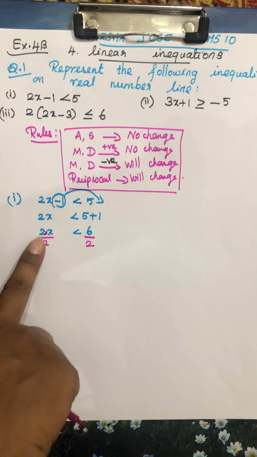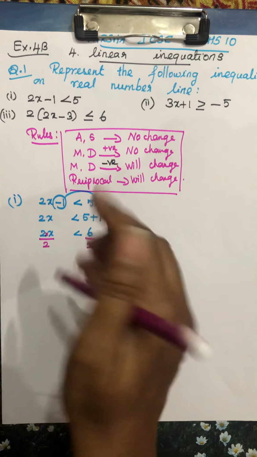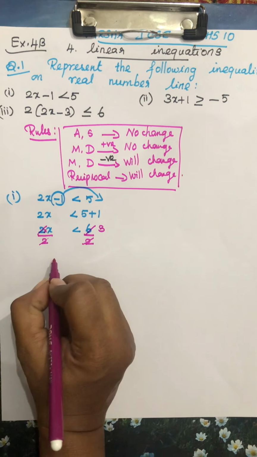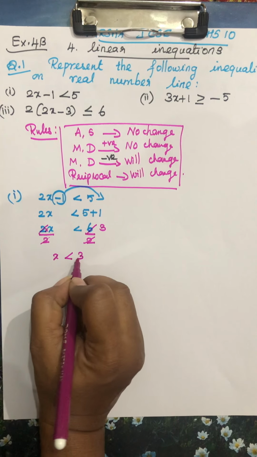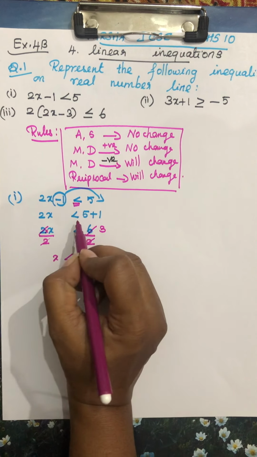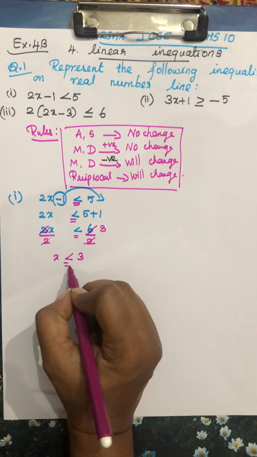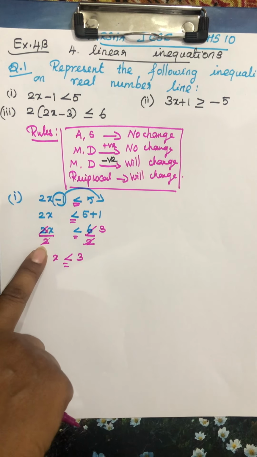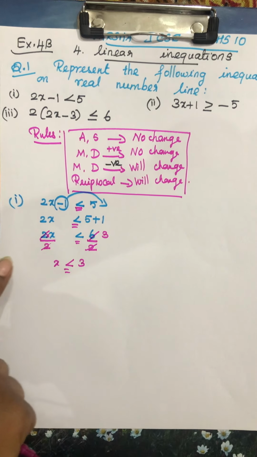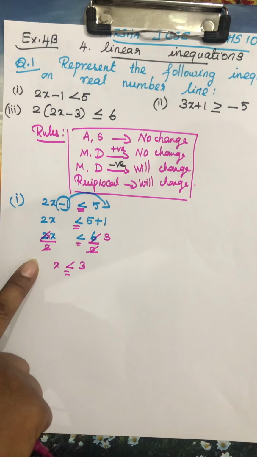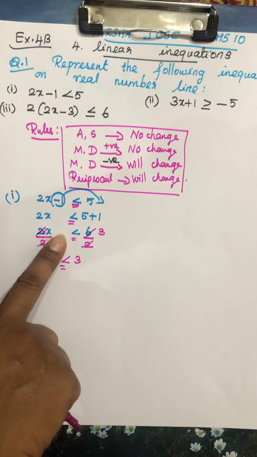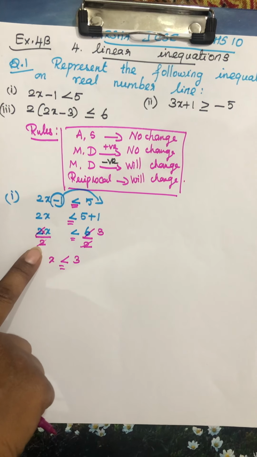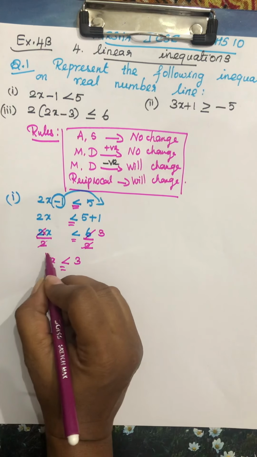Now you can cancel the 2. This is 3. So x is less than 3. The inequality is not changed, less than, less than, because you have divided the inequality by a positive number. If there is a negative number, you should change the inequality, but here it is done by a positive number. So this is your answer.